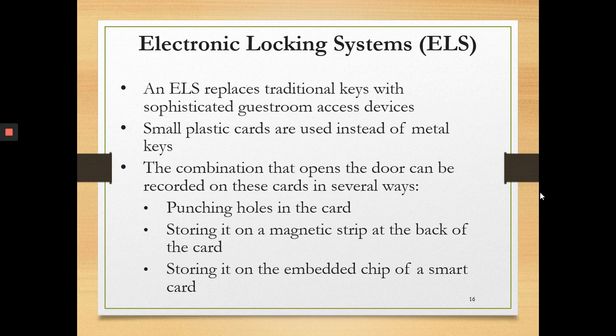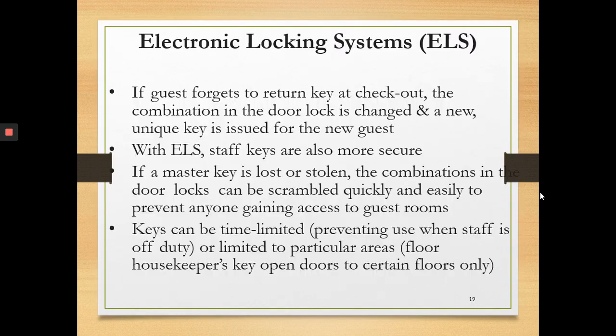This means punching certain codes, especially for the room. Or we can store the data using a magnetic strip at the back of the card, and also we can store it on the embedded chip of a smart card. So these are the several technologies that we can use to store data on the key card.